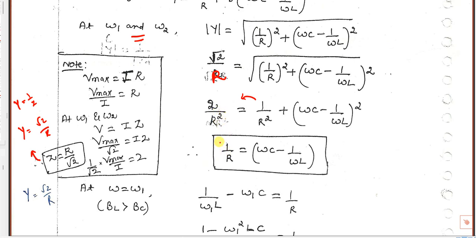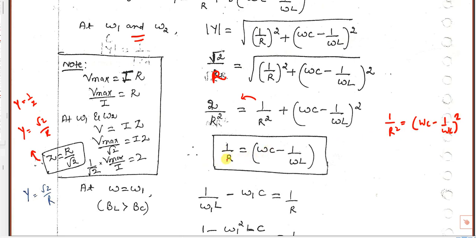So 1 by R square you will get, equal to (omega C minus 1 by omega L) whole square.